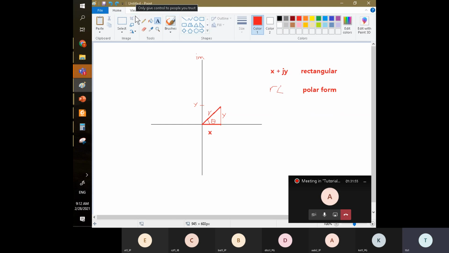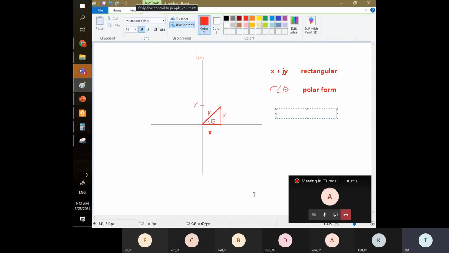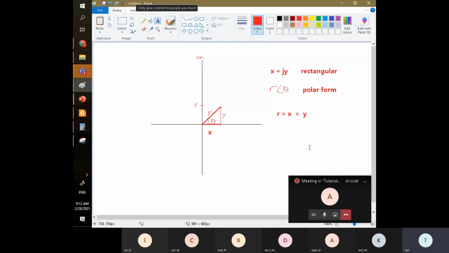R is equal to the square root of x squared plus y squared.